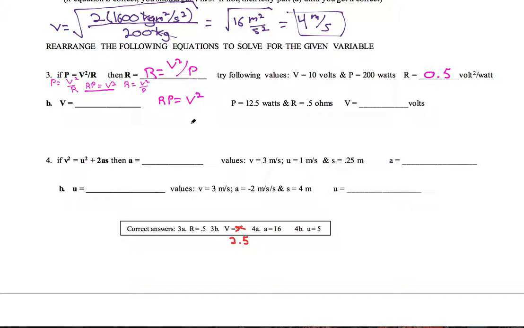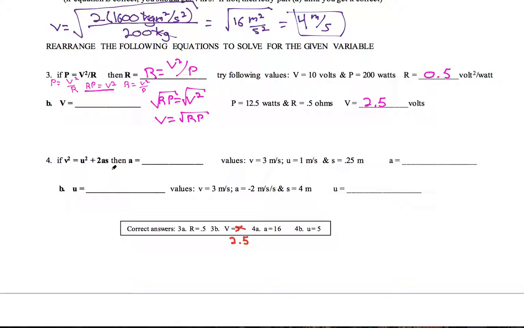But instead of getting R by itself now, we can take the square root of both sides and end up with V equals square root of R times P. And so if we plug in some numbers for that, we're going to have 12.5 watts for P, and R equals 0.5 ohms right there for R. And if I multiply those and then take the square root, that comes out to 2.5. And that was another correction down here. The answer key said it was 5. It should be 2.5.